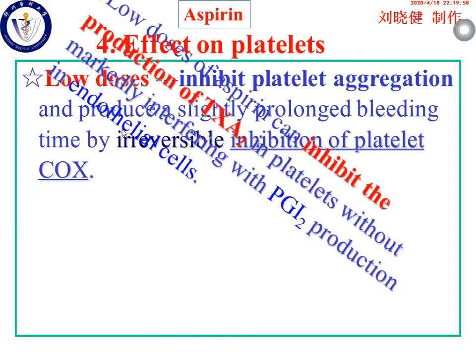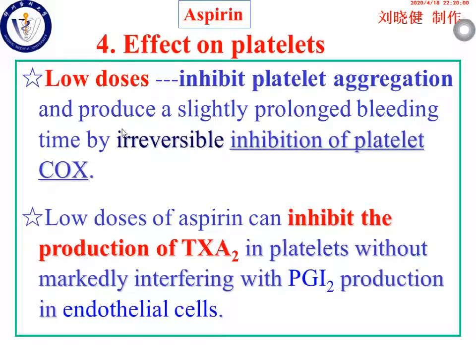Effects on platelets. Aspirin in low dose can inhibit platelet aggregation and produce a slightly prolonged bleeding time by irreversible inhibition of platelet COX.